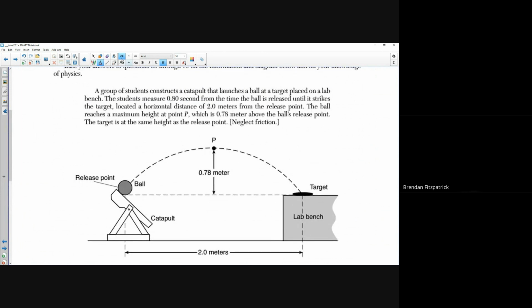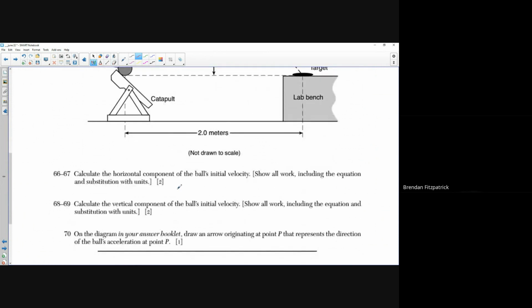Well, it went 2 meters in 0.8 seconds, so I could just say d is equal to vi t plus 1/2 a t squared. 2 meters is equal to vi, t was 0.8 seconds, plus 1/2 times 0 meters per second squared times 0.8 seconds squared.